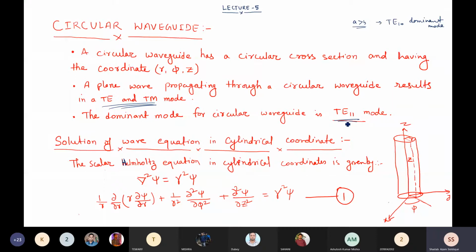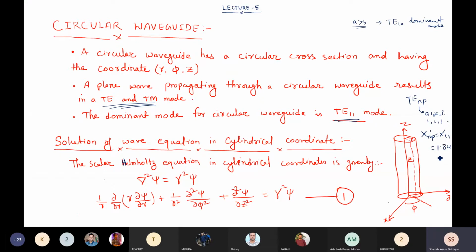So here the dominant mode is TE11, and I told you that the modes are labelled in the form n and p. n starts from 0, 1, 2, 3, 4, 5 and so on, and p starts from 1, 2, 3. We saw that the least cutoff value, X11 dash, was 1.841.